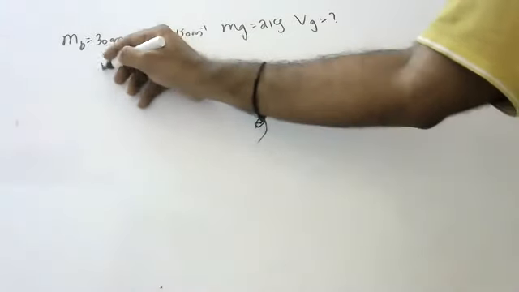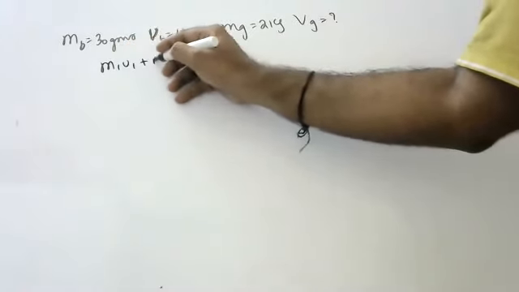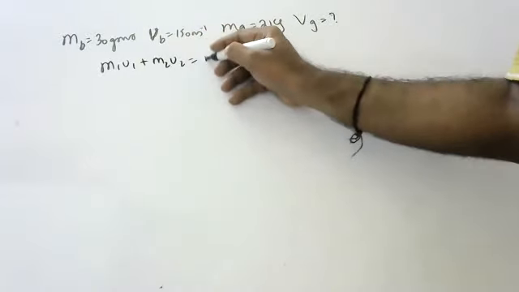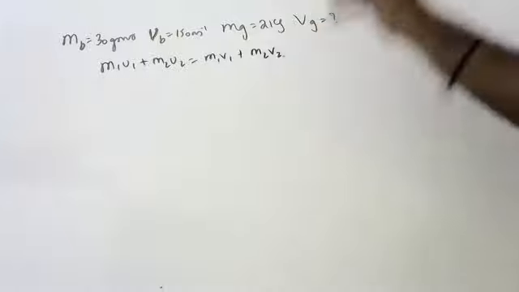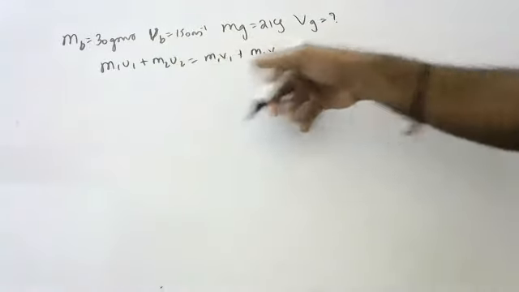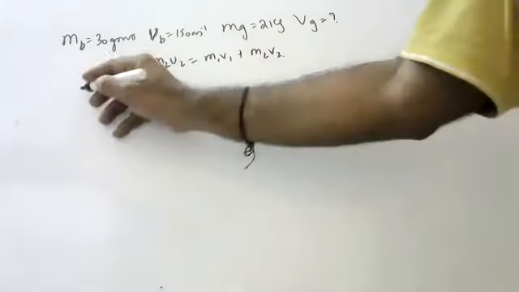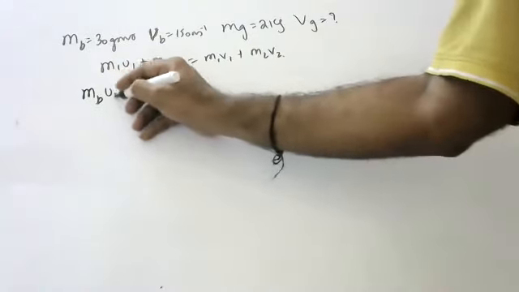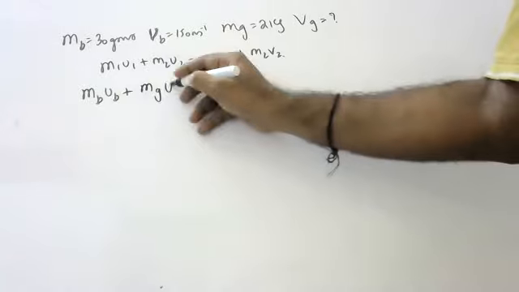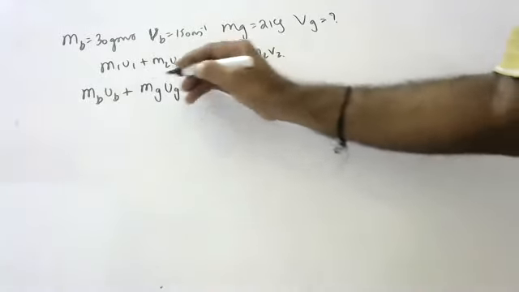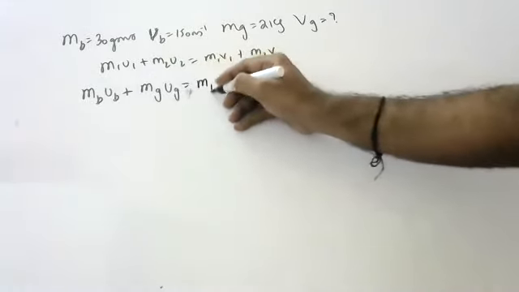M1 U1 plus M2 U2 is equal to M1 V1 plus M2 V2. Momentum before collision is equal to momentum after collision. Then mass of bullet into initial velocity of bullet plus mass of gun into initial velocity of gun is equal to mass of bullet into final velocity of bullet plus mass of gun into final velocity of gun.